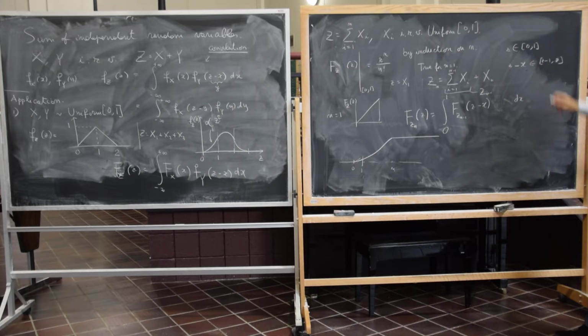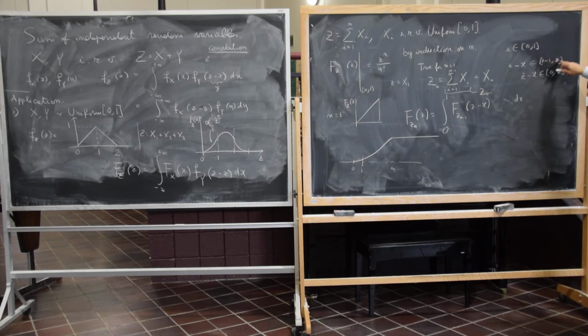So z minus x belongs to 0 minus 1, z. But when z minus x is less than 0, this quantity is 0. So the only meaningful thing is to integrate when you want z minus x to belong, in practice, to 0, z.